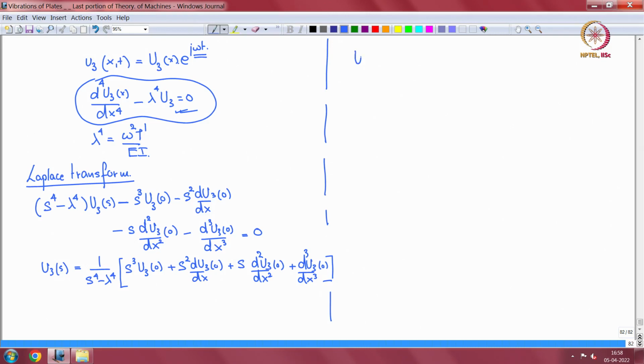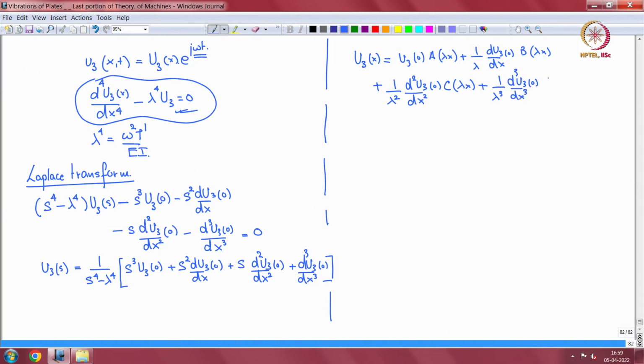So the U3 of x, the inverse transform, looks like this: U3 of 0 times A of lambda x, plus 1 by lambda dU3 by dx at 0 times B of lambda x, plus 1 by lambda square d2 U3 by dx square at 0 times C of lambda x, plus 1 by lambda cube d3 U3 by dx cube at 0 times D of lambda x.